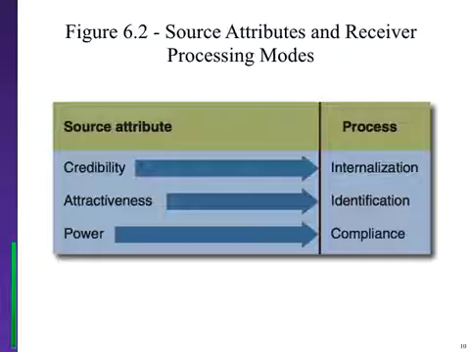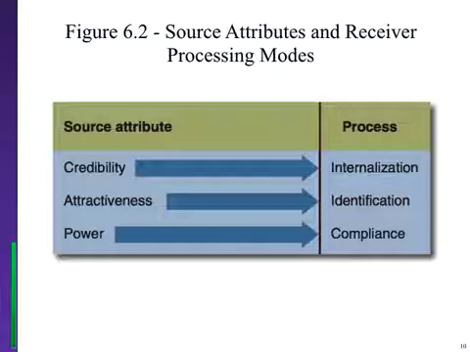One is credibility. If it's a credible source, then that is a source that's more likely to be trusted by the consumer or the receiver, and then they're more likely to take that message and internalize that message. If it's a trusted source that's seen as not being biased and has an objective viewpoint.